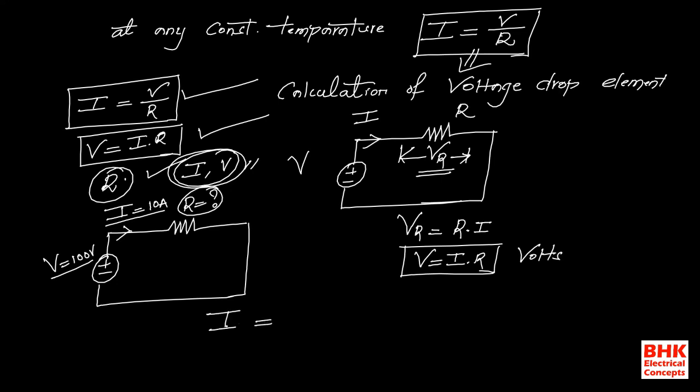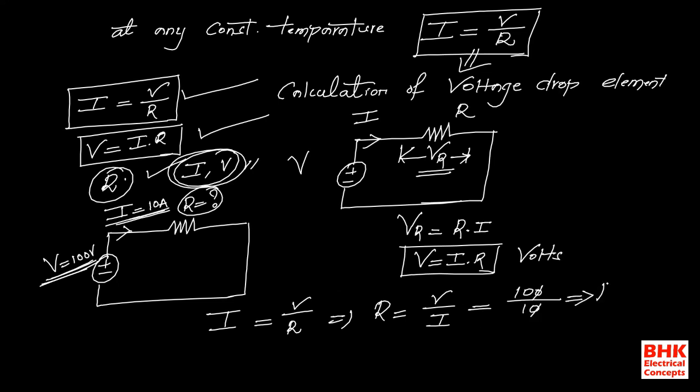I is equal to V divided by R, means we can write R is equal to V divided by I. Now we know the value of voltage, that is 100, divided by the value of current flowing in the circuit, that is 10. Now here we can directly say that the value of R is equal to 10 ohms.